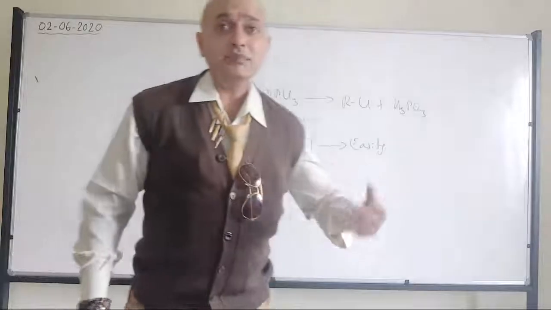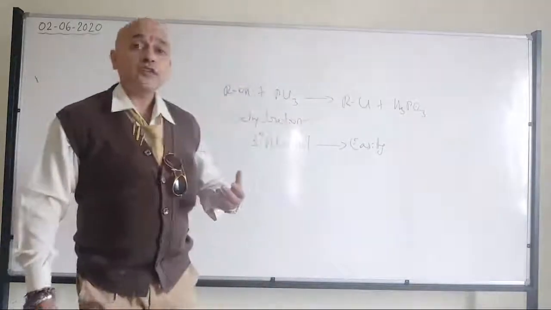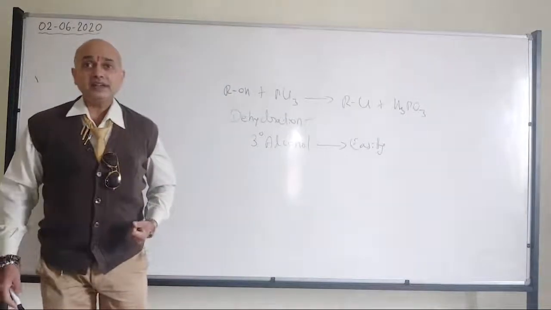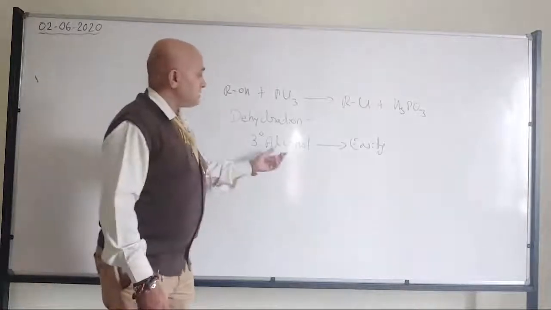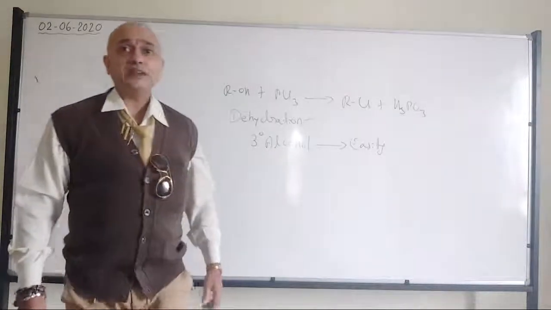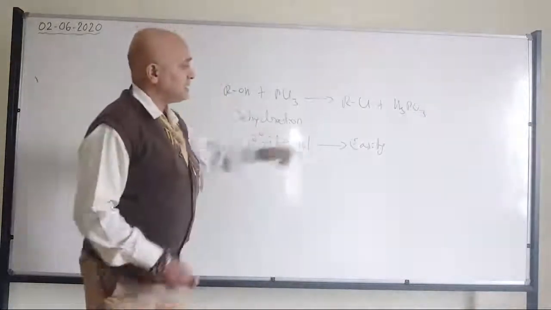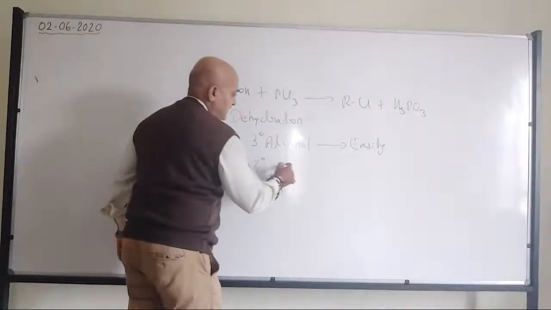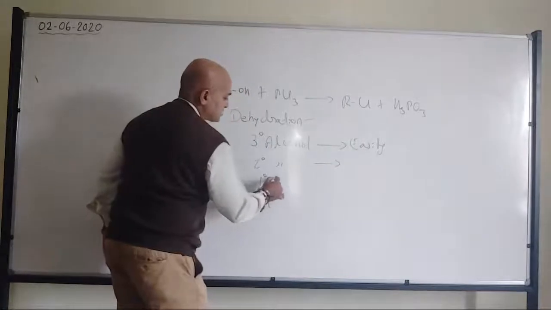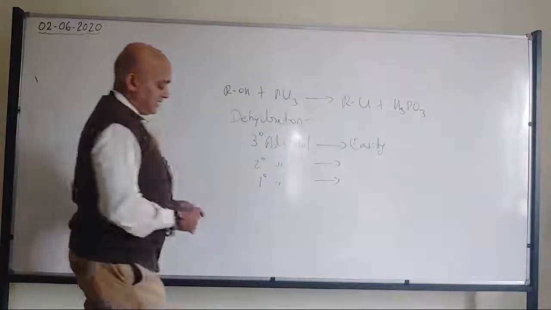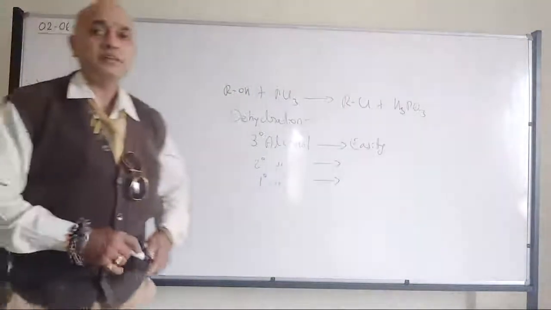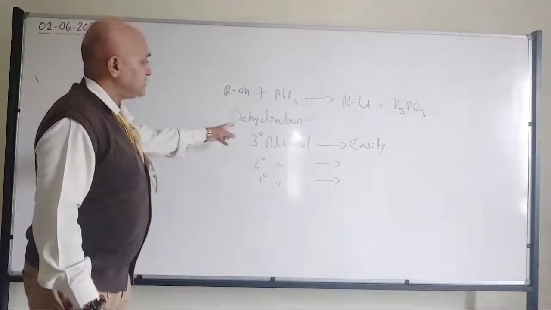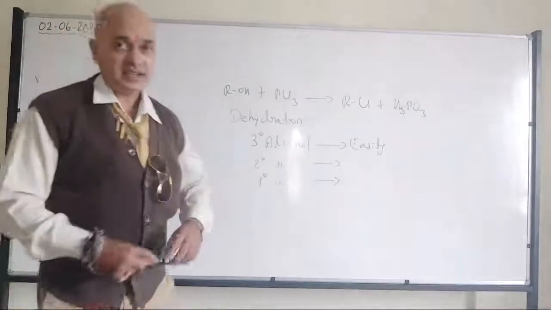In the mechanism we have seen, formation of the carbocation is the rate limiting step, and that will be stable when it comes to tertiary alcohol. Therefore it will easily undergo dehydration. Then comes the secondary, and the last one will be primary.